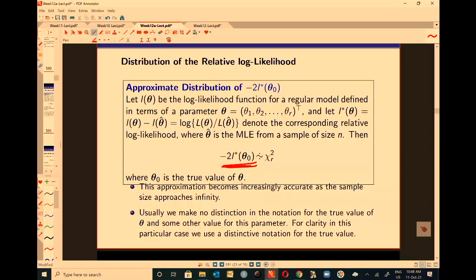It's approximately chi squared r. So notice I've got r parameters there, and that chi squared r comes into there.